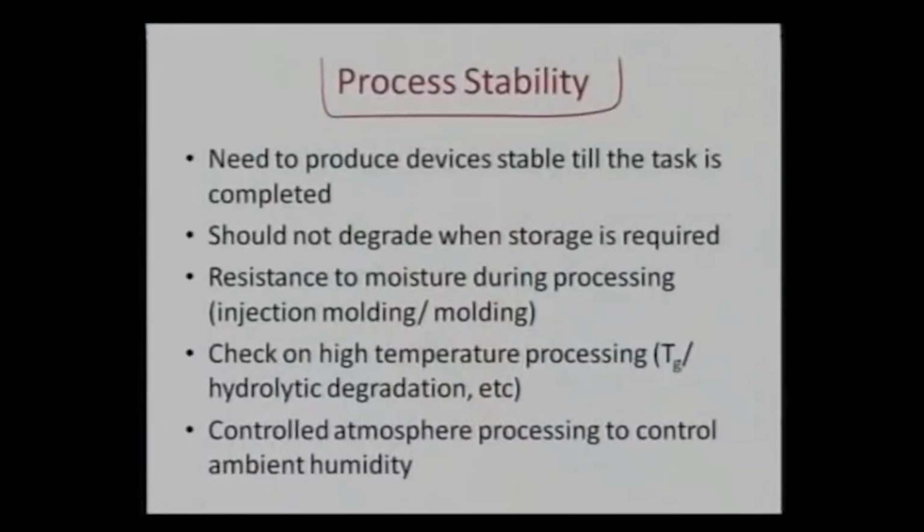So in case we want to inject a particular drug into the body for a duration of 1 year, and in the process the overall device is consumed in say 4 months, what about the remaining 8 months? It has not completed its task for the next 8 months, and those 8 months can be highly critical, and might damage the overall functionality of the person or the patient itself. So in that case, we need to produce devices that are stable till the task is basically completed.